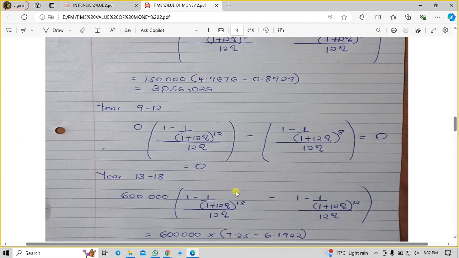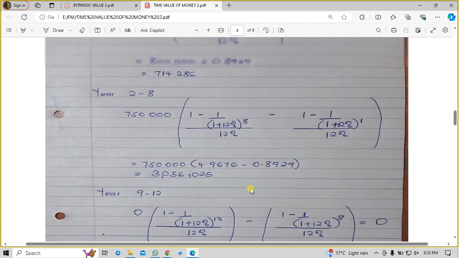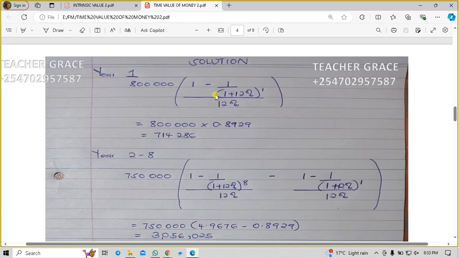So this one is okay because they were several years. Actually, where I can see that concept applying is not even here. It is here in year 1. Are we together?